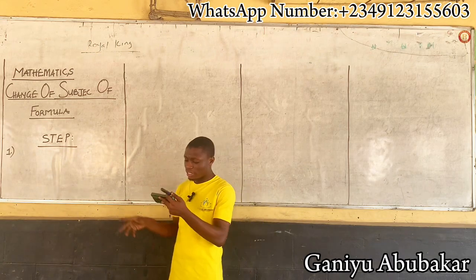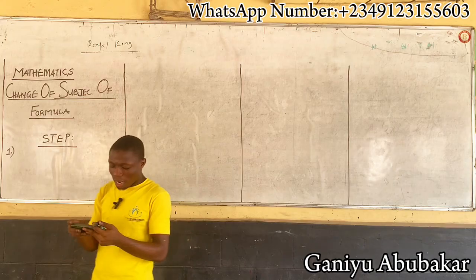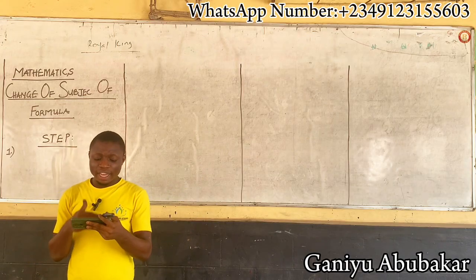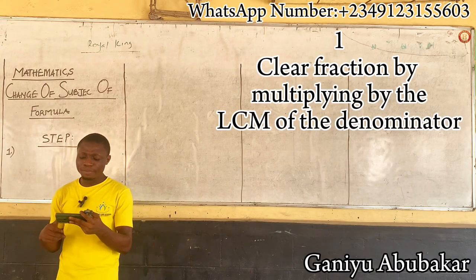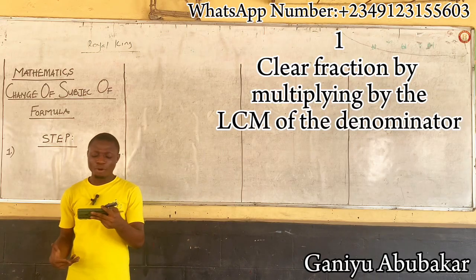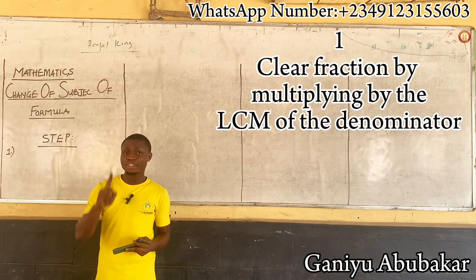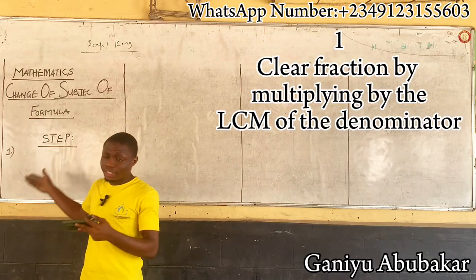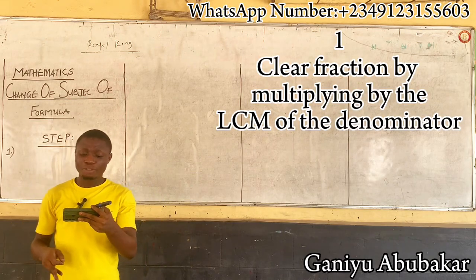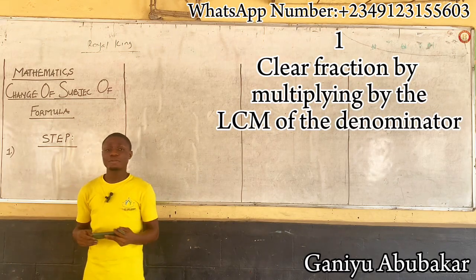Let's start with the first step. Step 1: clear fractions by multiplying by the LCM of the denominators.